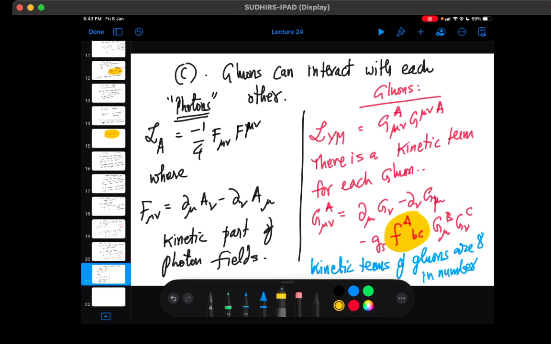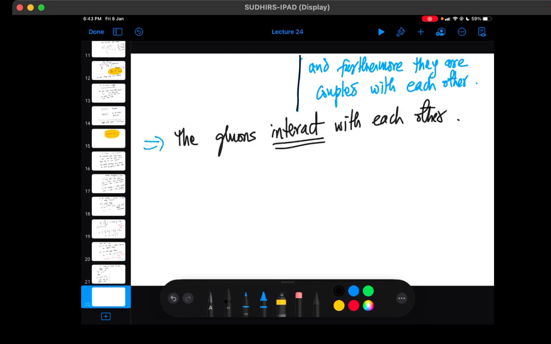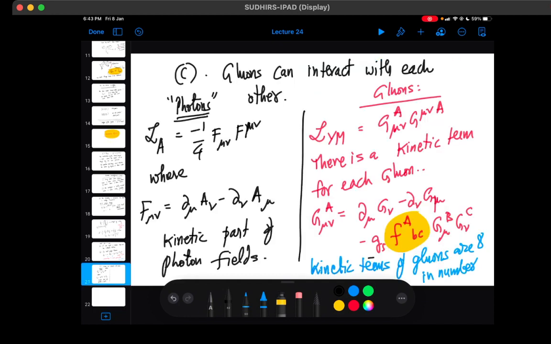So this means you have a theory in which the gluons interact with each other, so they have strong interactions amongst themselves.